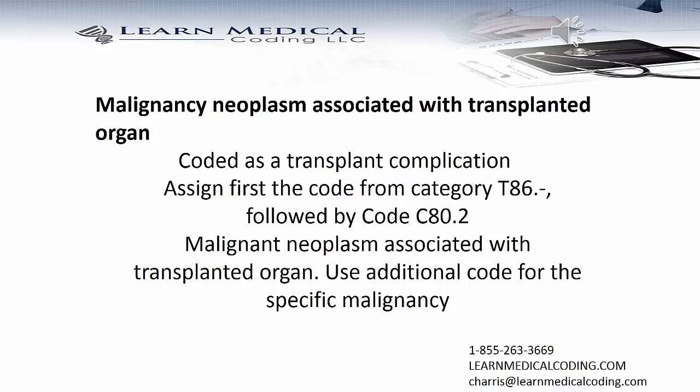Then you will need an additional code to code for the neoplasm that happens to be malignant associated with the transplanted organ, which is C80.2. And lastly, you will need to make sure you code for the specific location of the malignancy, again, like the breast or the lungs or wherever that malignancy is.